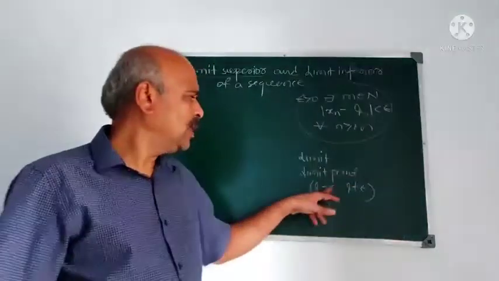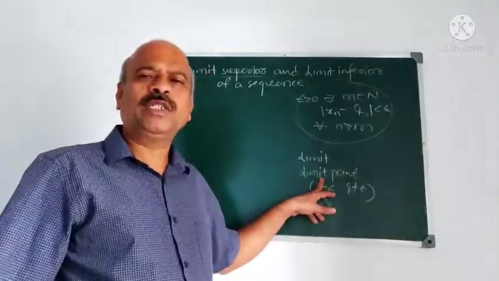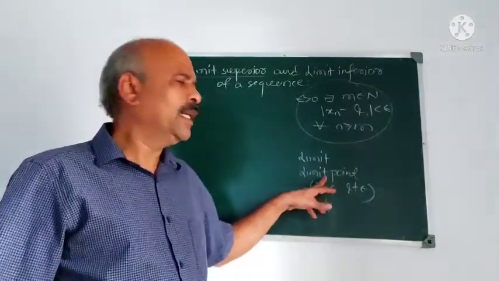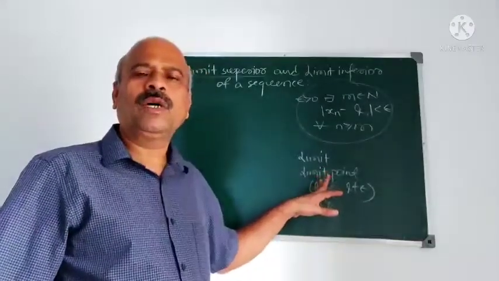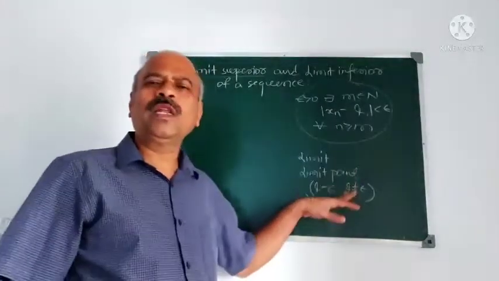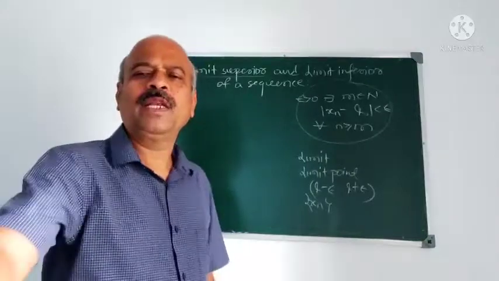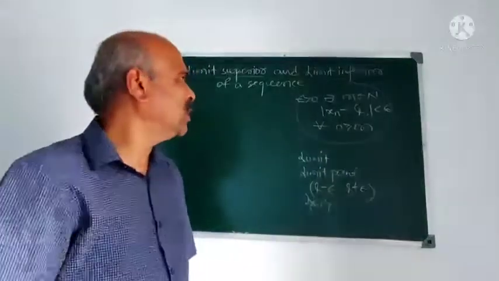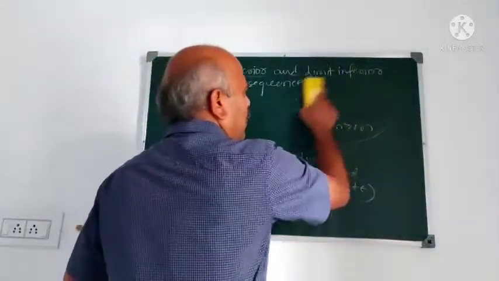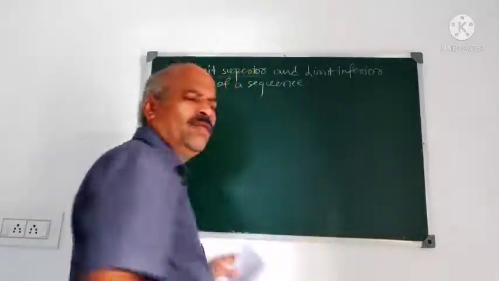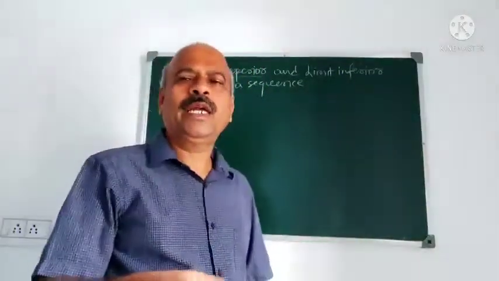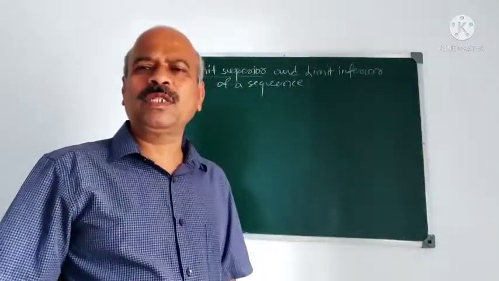But if the sequence has a unique limit point, then it is called limit of the sequence. So this is, I think, clear.